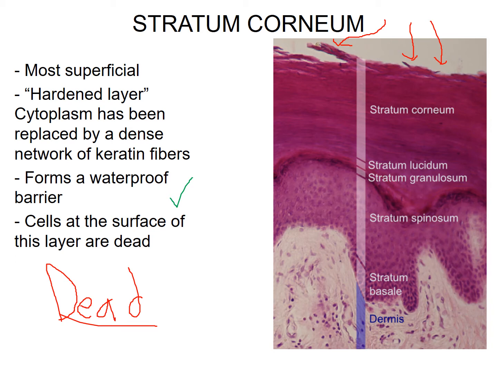And when you're looking at your wife or your husband or your boyfriend, girlfriend, whatever, you're mainly looking at a bunch of dead cells on the surface. That's what it is. So they have the saying, beauty is only skin deep. It's kind of funny because most of the cells that you're looking at, and if you're touching somebody's hand, they're all dead. They're all dead cells. And that's the stratum corneum.